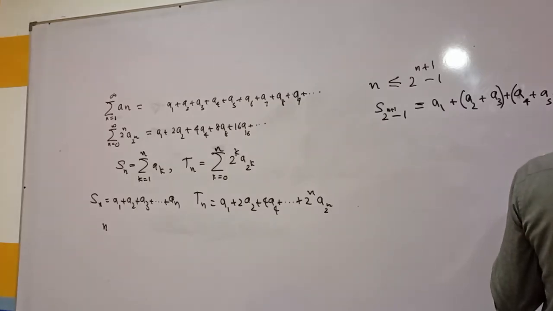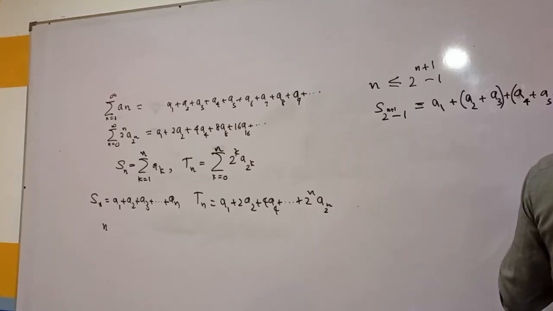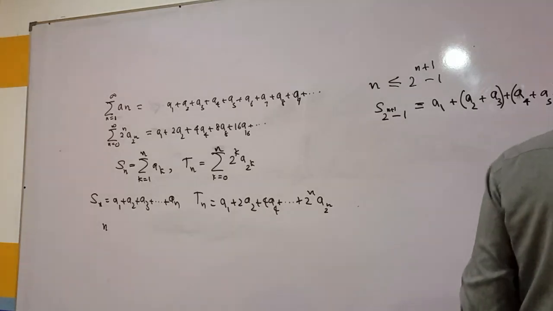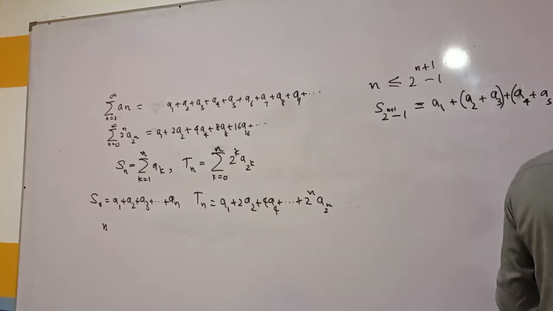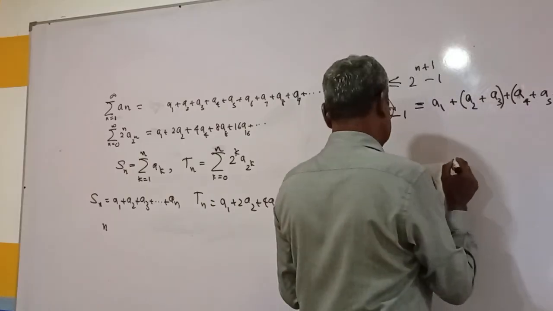I am going to go to 2^(n+1) minus 1. So the last term will be A_{2^n}, then A_{2^(n+1)-1}. This is again one block. So you can see here very easily.